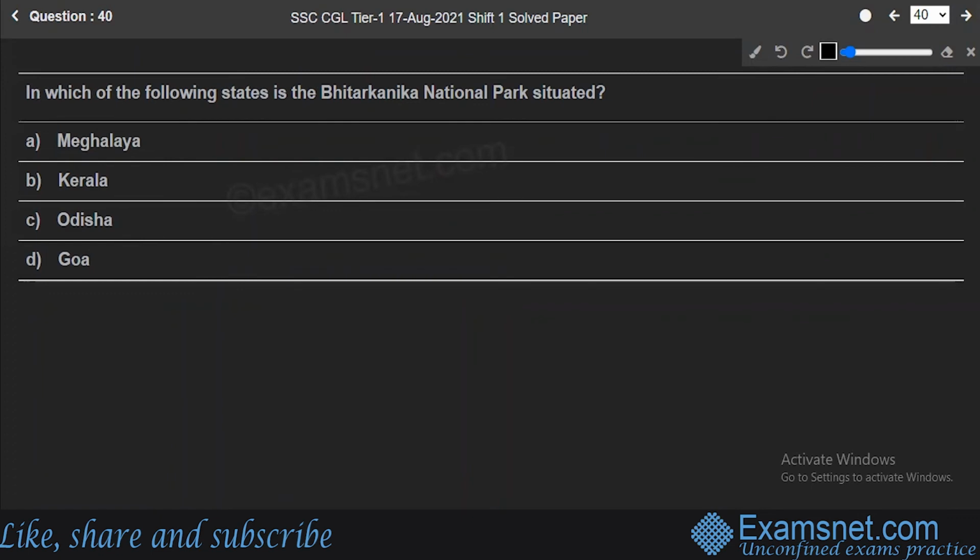Bhitarkanika National Park is located in Odisha's Kendrapara district. It was declared as Bhitarkanika National Park in the year 1988. It obtained the status of Ramsar site on August 19, 2002.